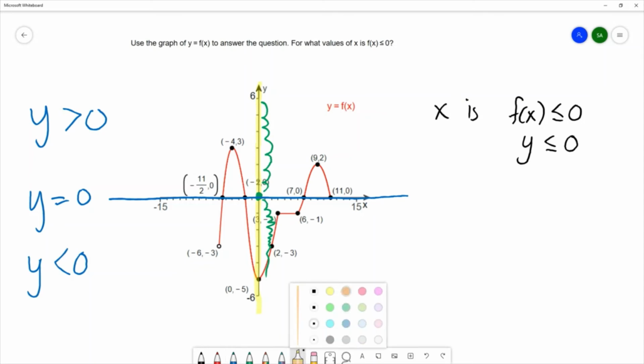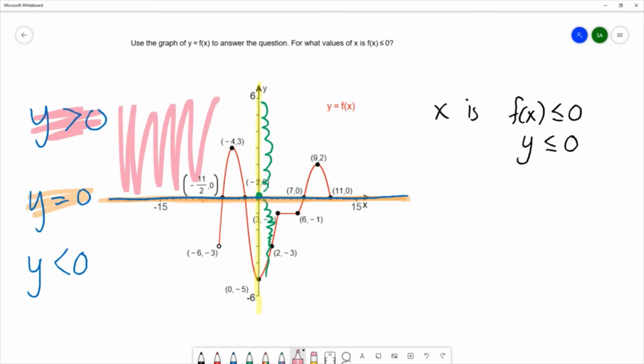So let me make it even more clear what I'm talking about here with some colors. With y equals 0, that's on top of the x-axis. When y is greater than 0, that's above the x-axis.